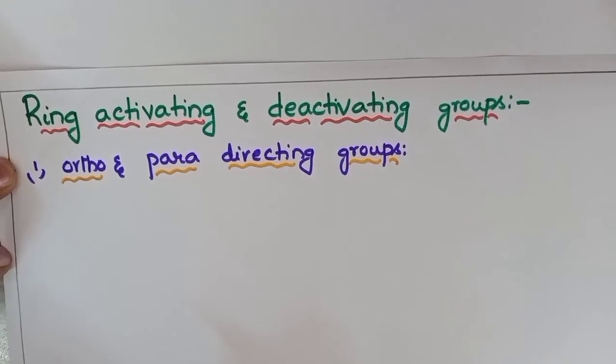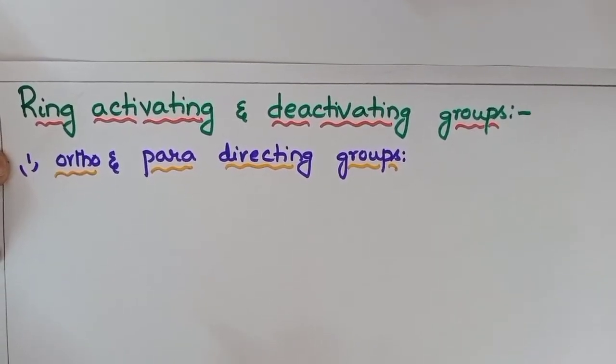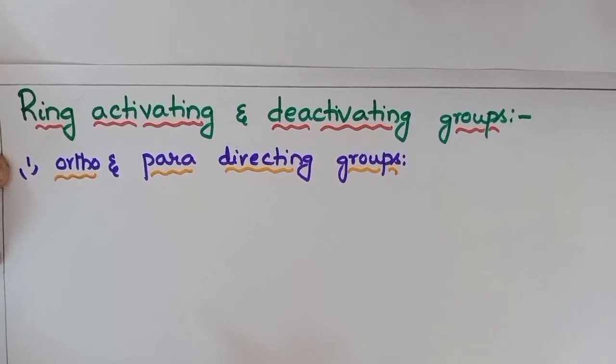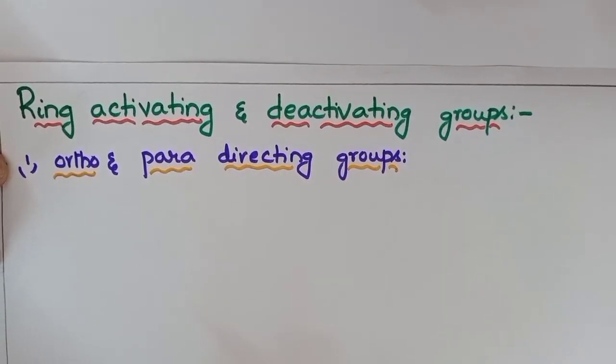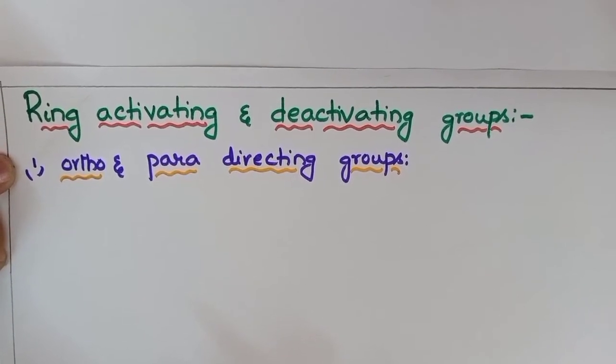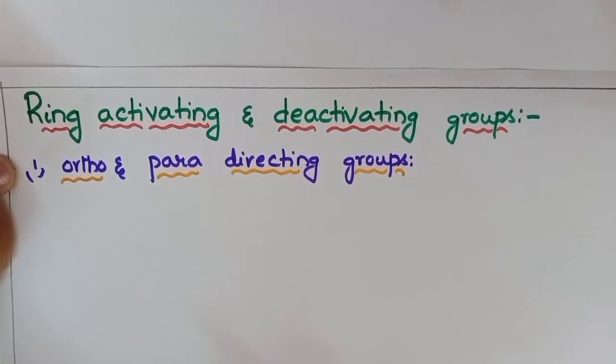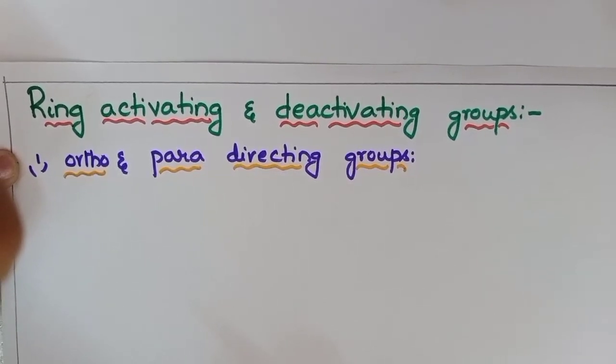Next, put the side heading, students. Ring activating and deactivating groups. Okay, so I told you there will be 2 types of directing groups. The groups which direct the new incoming group or atom to ortho and para positions, and the groups directing the new incoming group or atom to meta position.